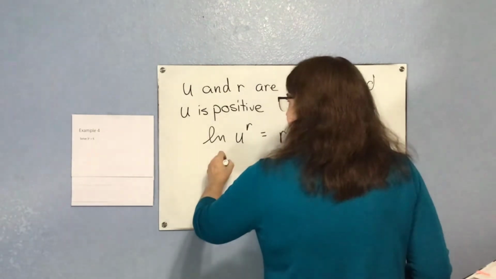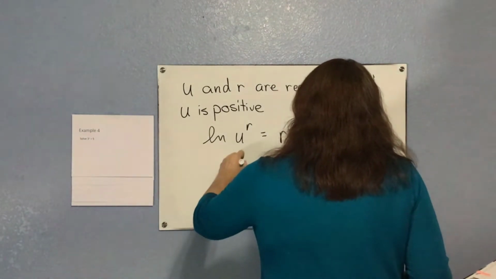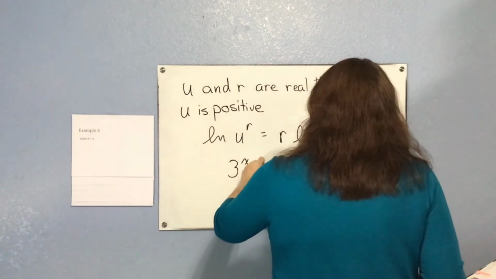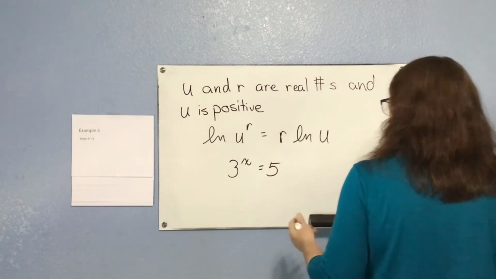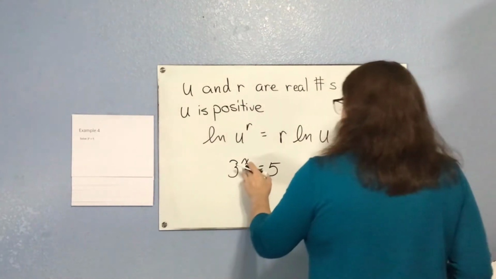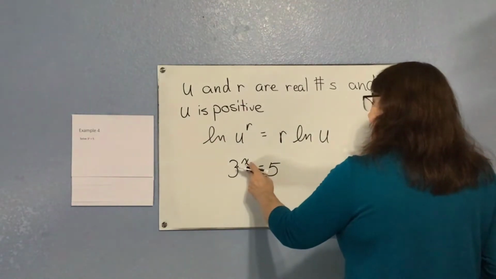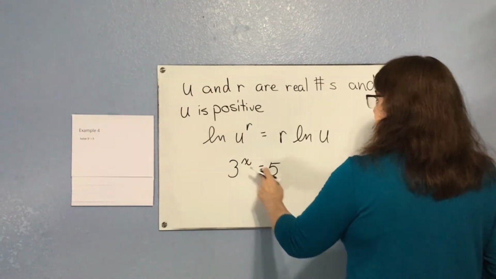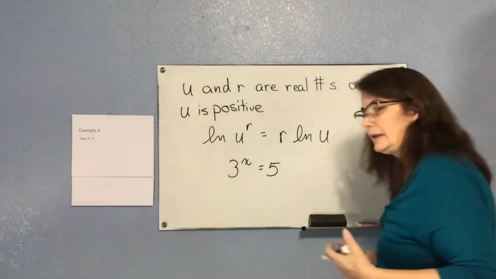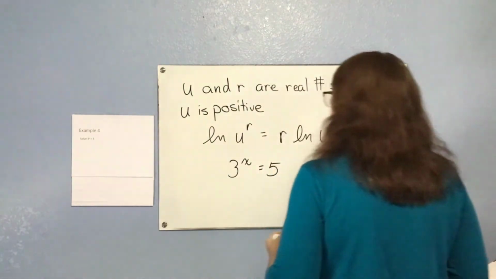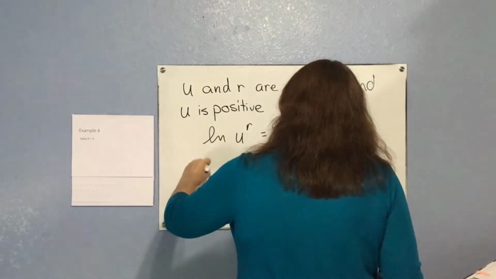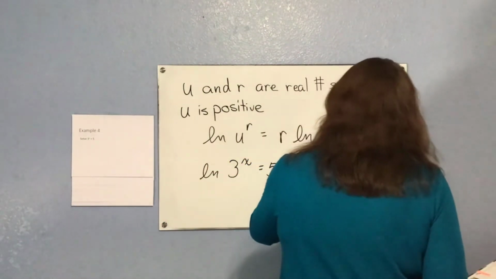If I have 3 to the x equals 5, I'm first going to make an estimate. I know 3 to the first is 3. 3 squared is 9. So I would expect my x to be somewhere in between 1 and 2. But let's solve the problem now by taking the natural log of both sides.